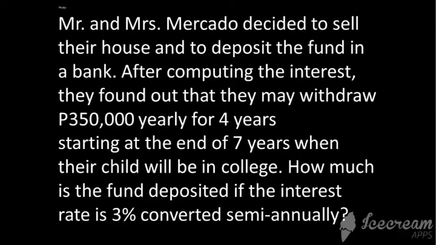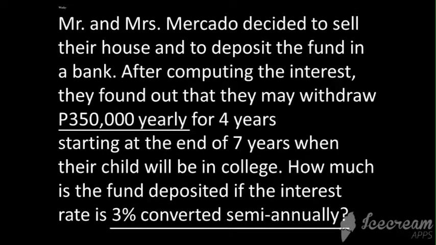In this problem, they will withdraw 350,000 pesos yearly and the rate of interest is 3% converted semi-annually. We can see that the payment interval is different from the compound interest: one is yearly, and the other one is semi-annually.